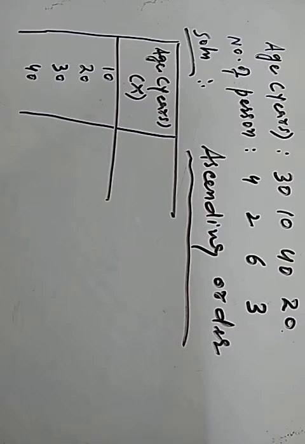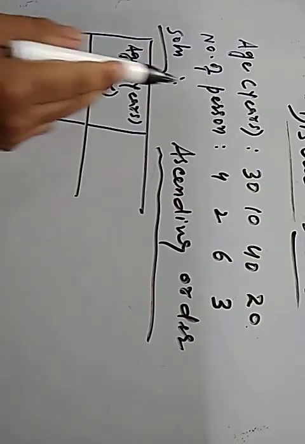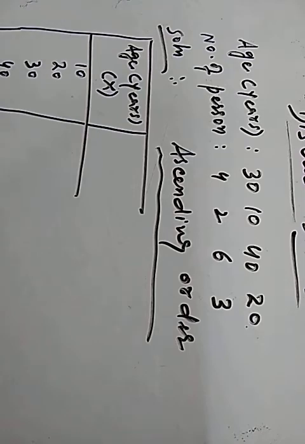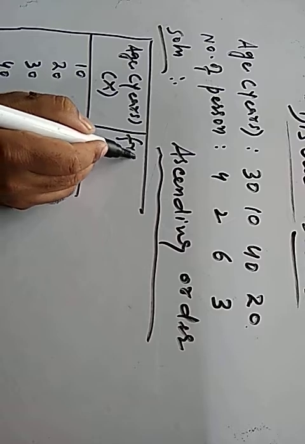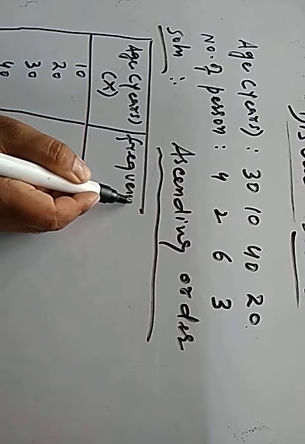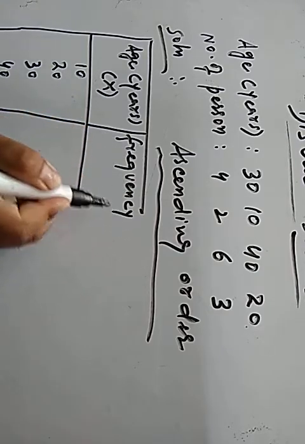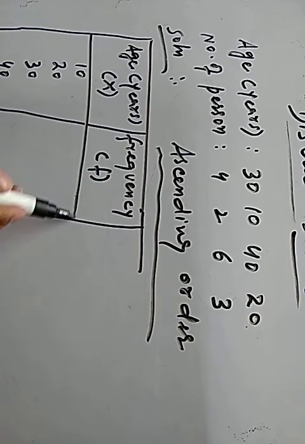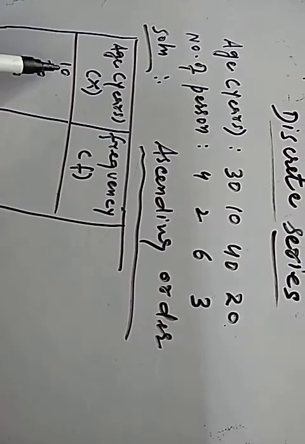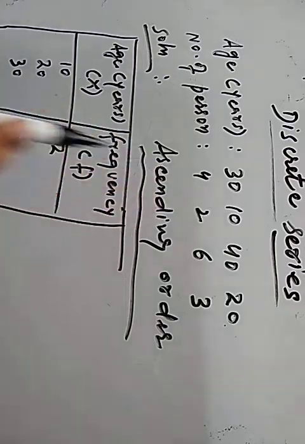And its frequency, that is the number of persons in our example, in place of number of persons we can write frequency of the variable, denoted by small f. The frequency of age equal to 10 years is 2, means there are two persons whose age is equal to 10 years.